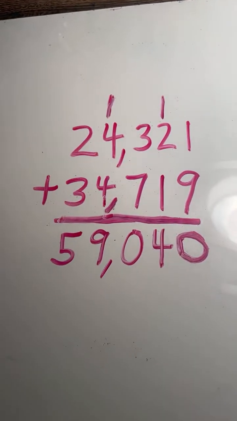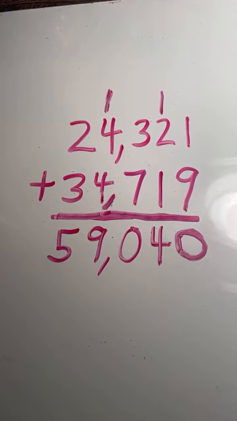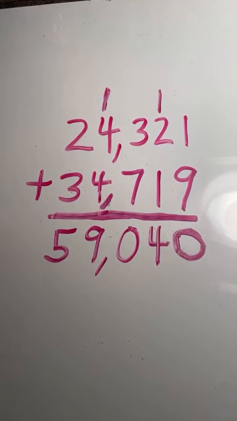And we have our final answer, 24,321 plus 34,719 equals 59,040.